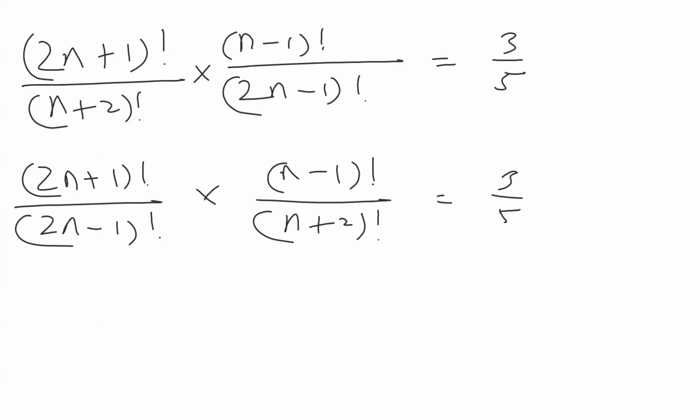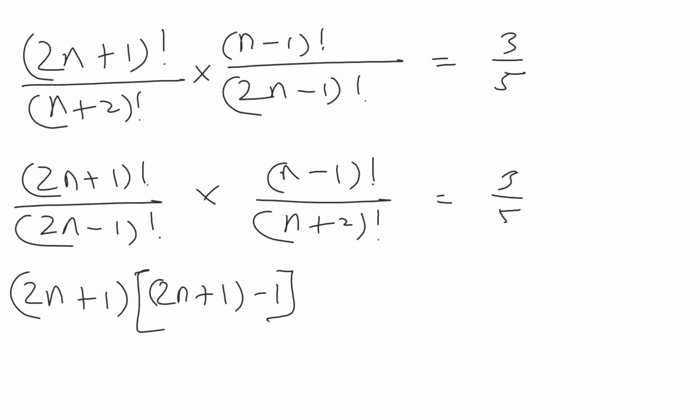Can someone tell me what is the first term of 2n plus 1 factorial? Is it the same? Yes, it's the same, 2n plus 1. Okay, the previous term, 2n plus 1 minus 1. Should I stop over here? The answer is no, because we require 2n minus 1.